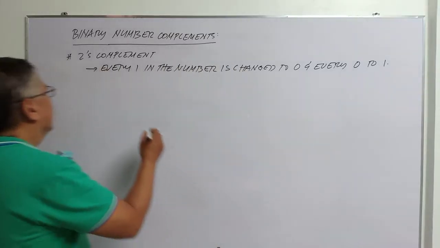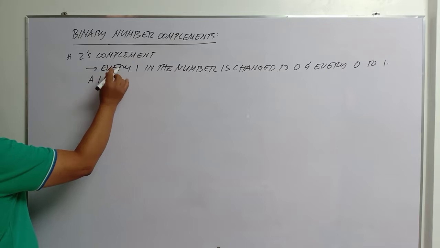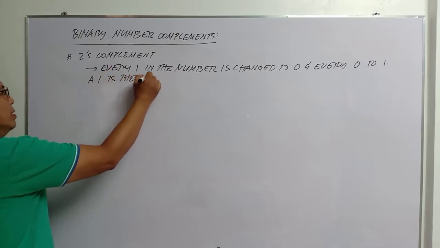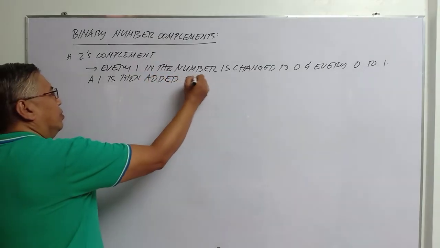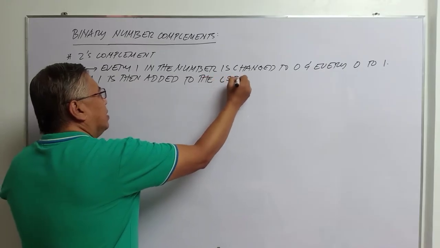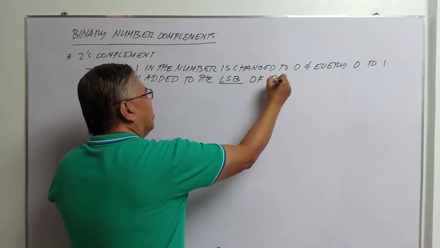A 1 is then added to the least significant bit, LSB, of the number form.